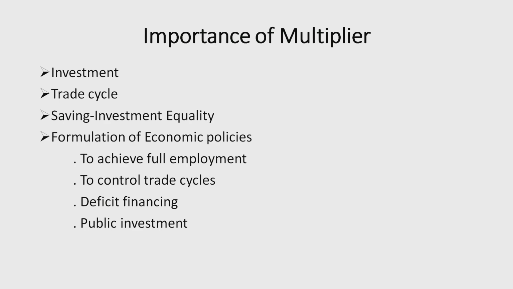Suppose a single dose of investment is insufficient to bring full employment, the state can inject regular doses of investment for this purpose till the full employment level is reached.